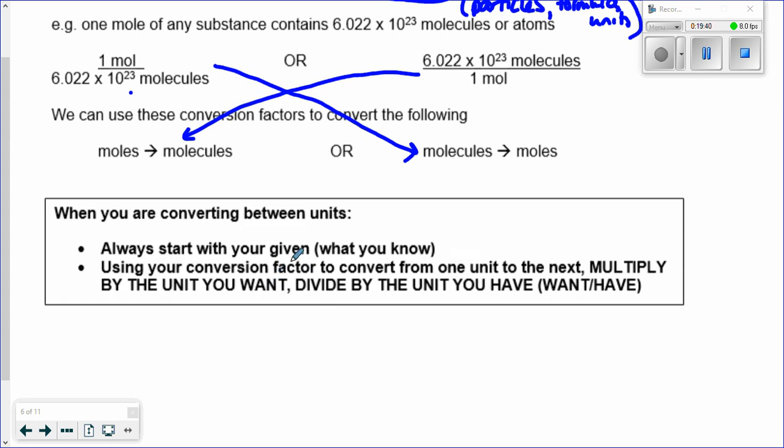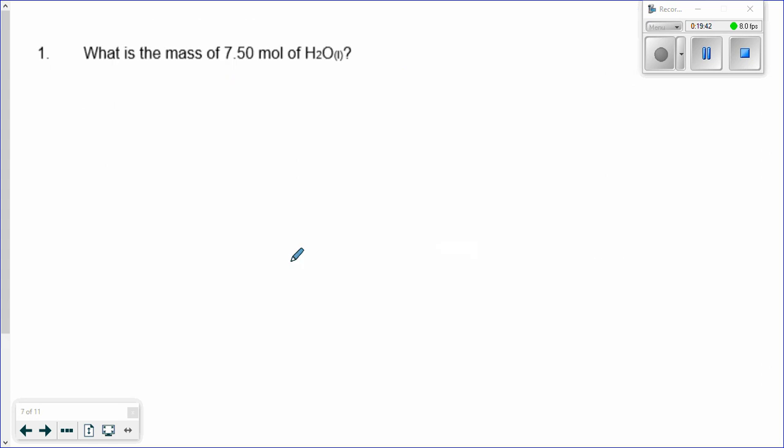So this next question, I'm first going to do it by conversion factors, and then I'm going to give you the formula that you can use, because if you take Science 20 or Chemistry 20, you'll probably use the formula more than conversion factors, but you'll see that it's doing exactly the same thing. So what is the mass of 7.50 moles of water?